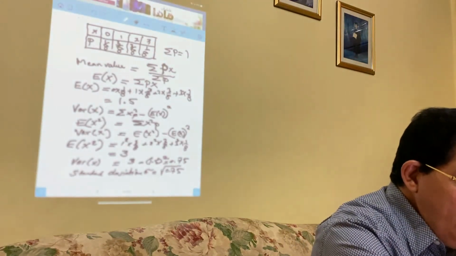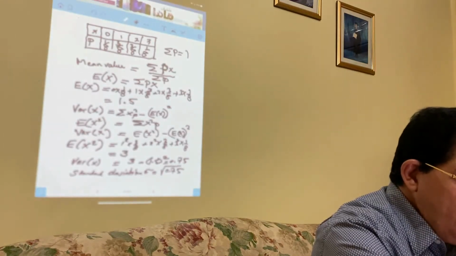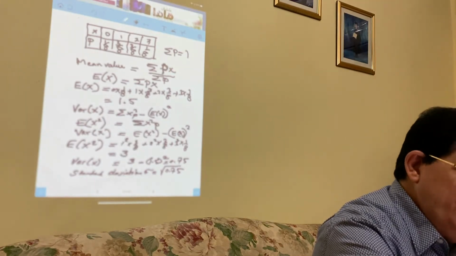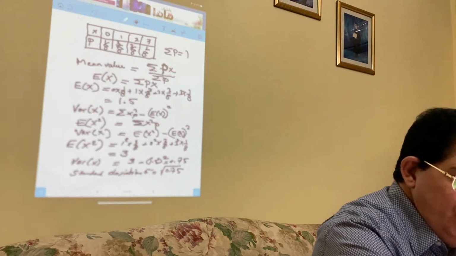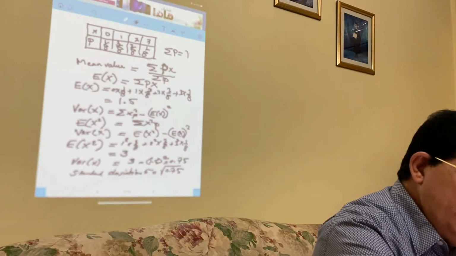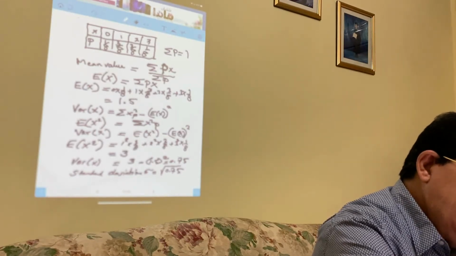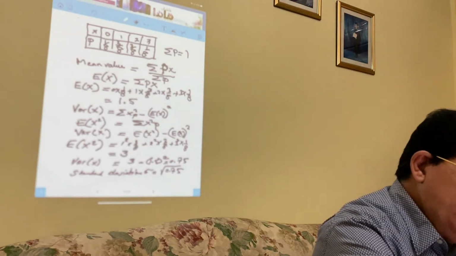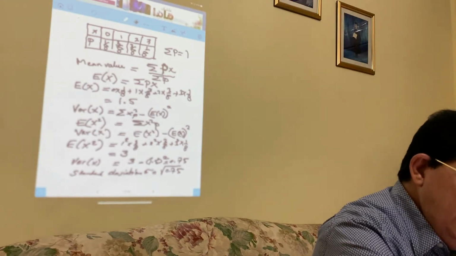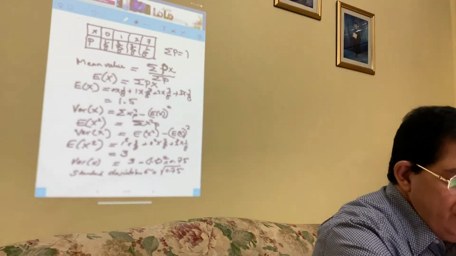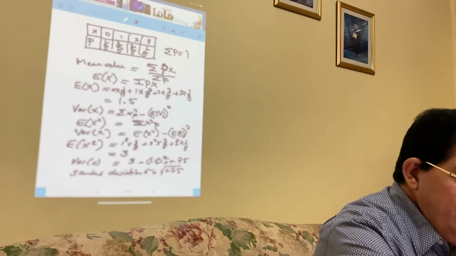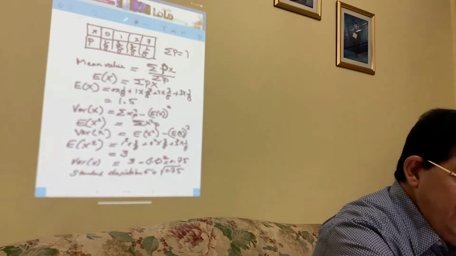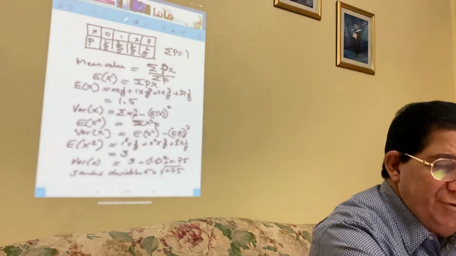This is all the questions we are going to be asked to solve, all of them. All the types of questions that are going to be asked: to get the expectation of x, then he could ask us to get the expectation of x squared, from which we get the variance of x, and then we can get the standard deviation, the square root of the variance.